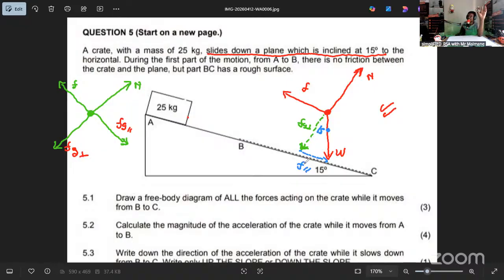We haven't even answered the question, but we are using our full knowledge on this. So FG perpendicular, if I put it on the point, would be in that phase there. And FG parallel, if I put it on the point, would be in that phase. So the reason why I say both would be correct.